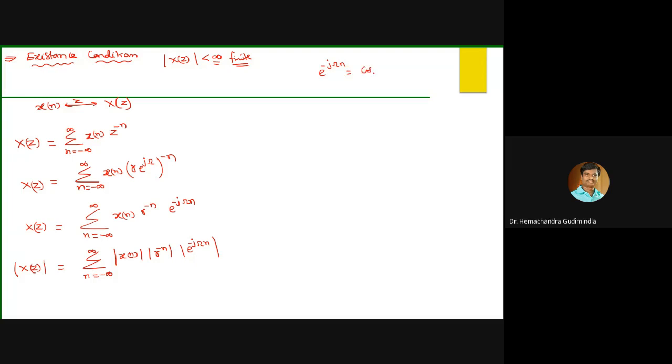It is cos omega n minus j sin omega n. What is the magnitude? It will become 1. So the magnitude of X of z is summation n equal to minus infinity to infinity modulus of x of n into r power minus n, because e power minus j omega n is 1.